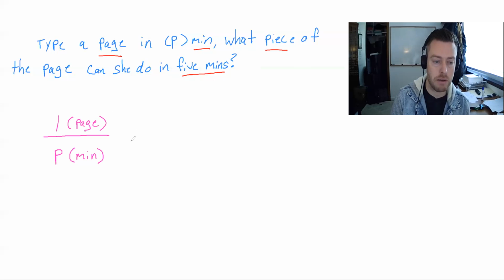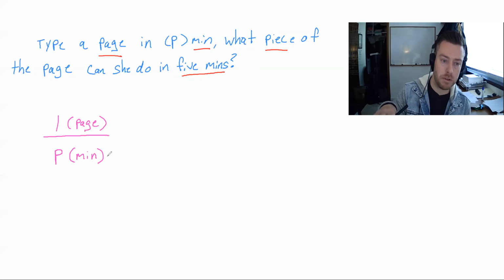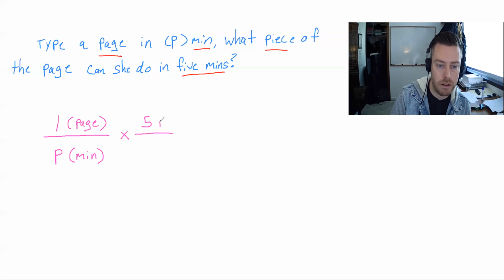In algebra, in order to get rid of a unit, if it is on the denominator, the bottom of the fraction, we need to multiply the fraction by the same unit on top so that they cancel out. In this case, we're given 5 minutes, which means we're going to multiply this by 5 minutes, in parentheses, divided by 1, right?